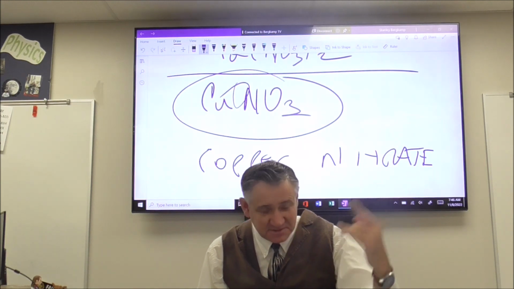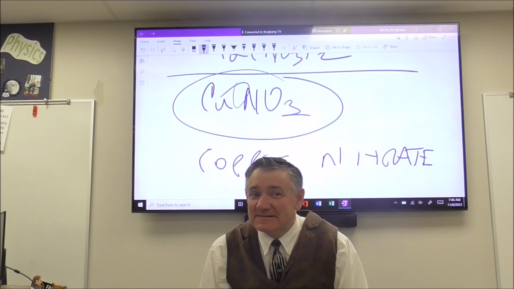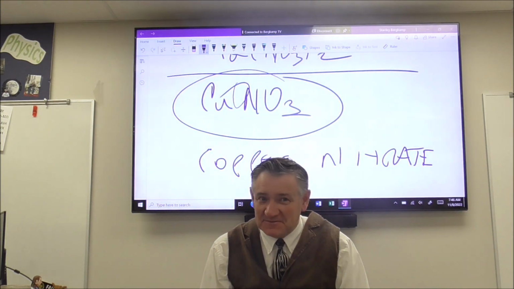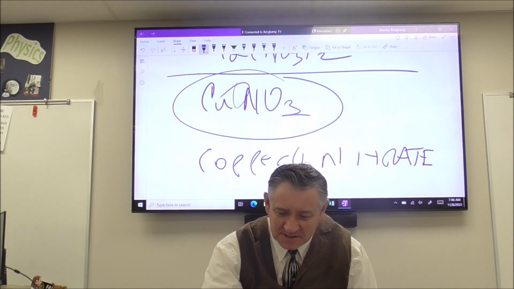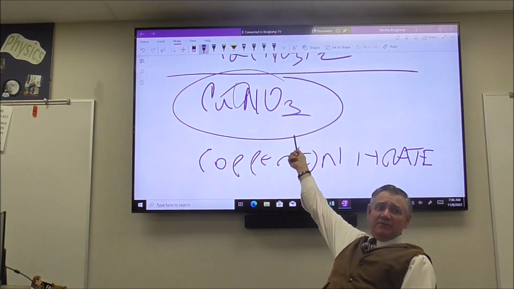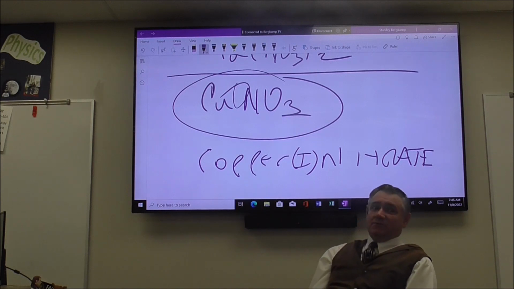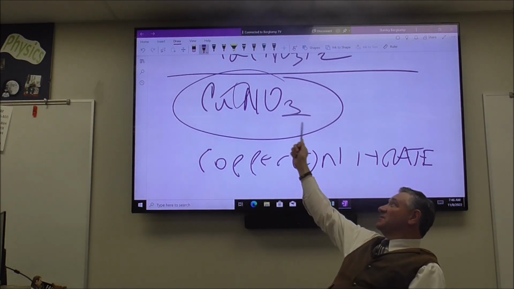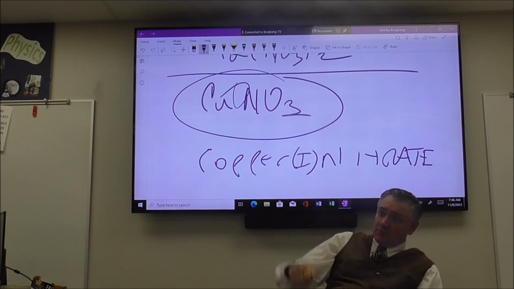Is it 3 or is it 1? 1. Okay, it's copper 1 because look, how many nitrate groups do you have? 1. What's the oxidation state of nitrate? 1. So therefore it's a 1-to-1 ratio, therefore copper has to be 1 plus.